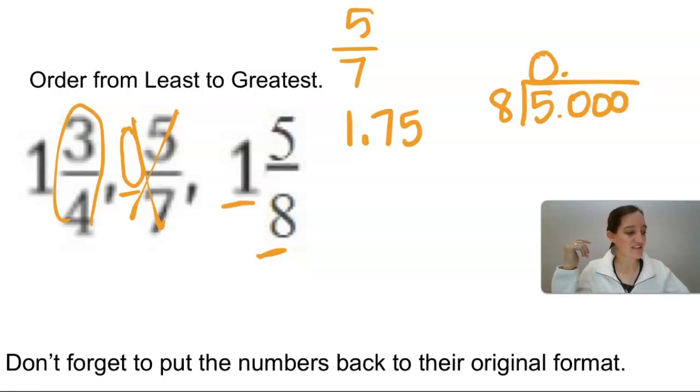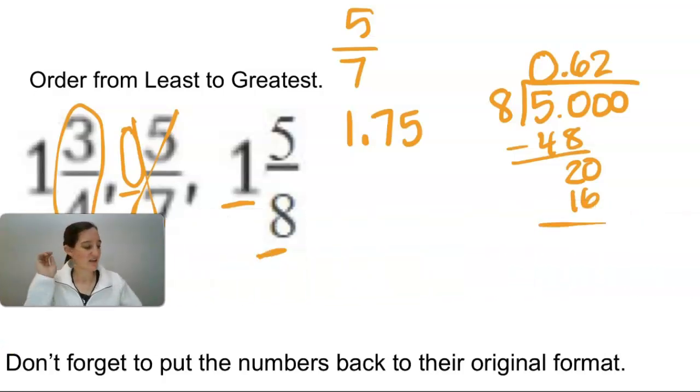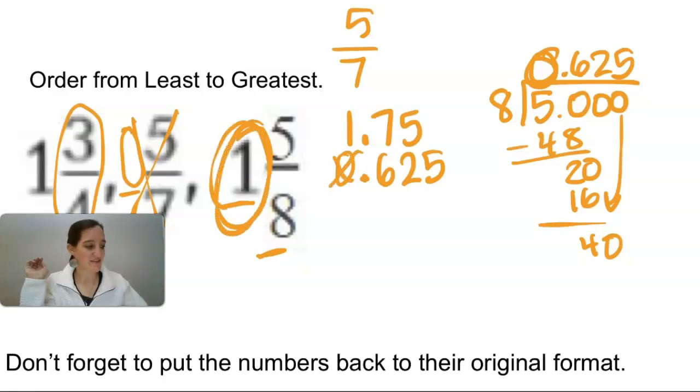I am going to do my fraction hating troll, and I'll end up with 0.625. Now there is a 0 here, but I'm not going to leave it there because it's actually got a 1 in front. So I'm going to erase that 0 and put this 1 in front.